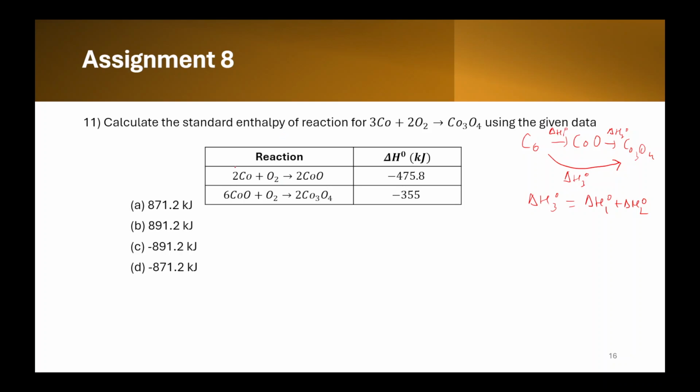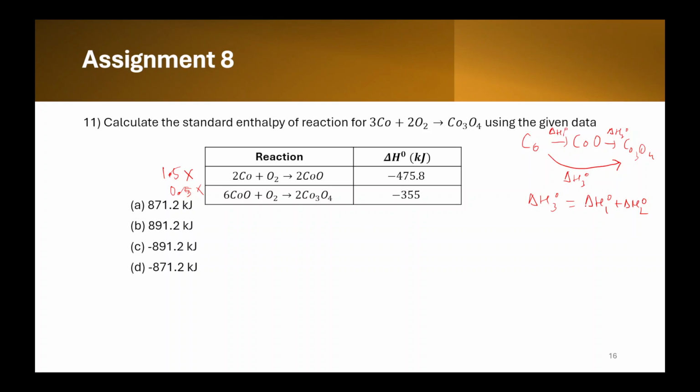But you need to see what will be the correct algebraic manipulation, because here we see that this is 3Co, but here it is only 2Co. So to get 3Co from 2Co, we need to multiply this by 3 by 2 or 1.5. Okay. And here we see that in the resultant we have Co3O4 and this is 2Co3O4. Okay. So we need to multiply this by 0.5.